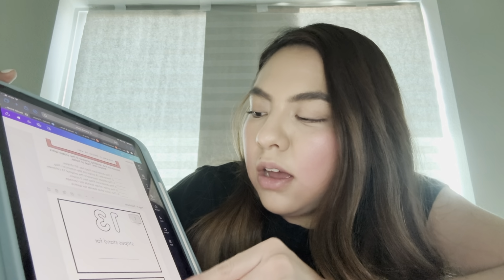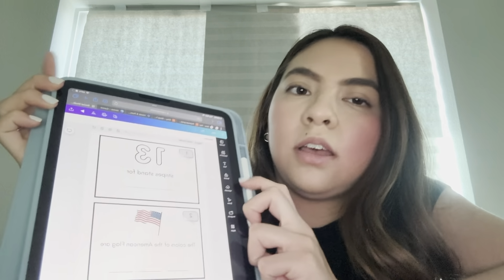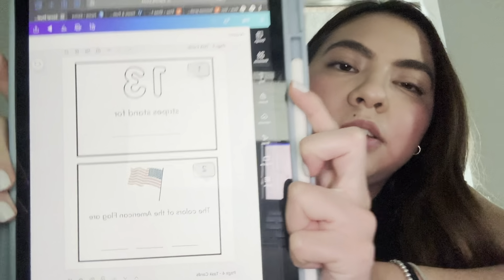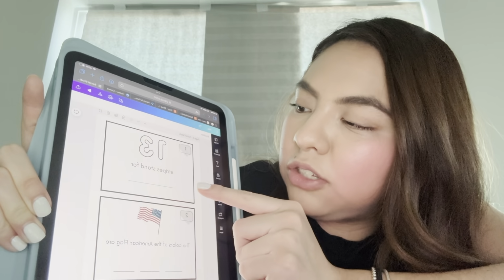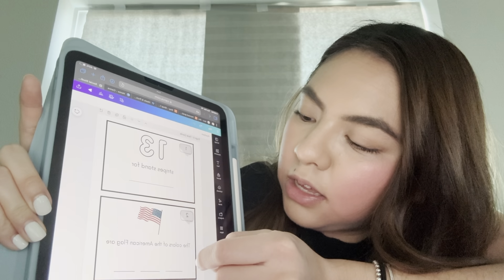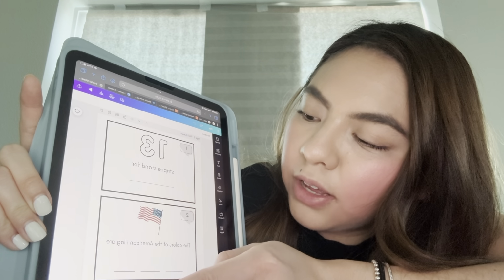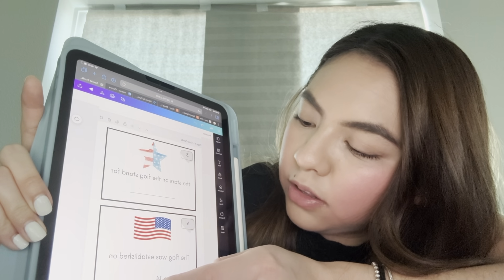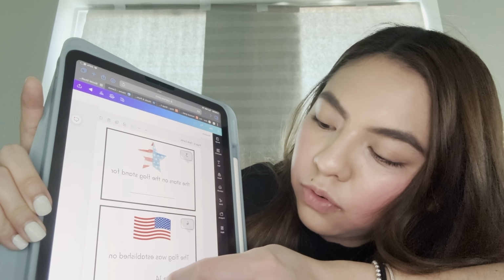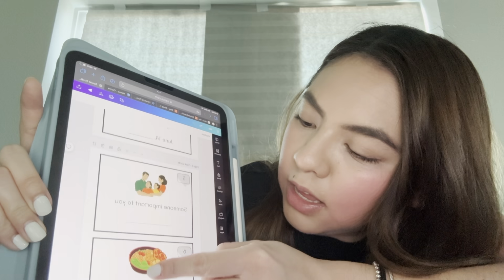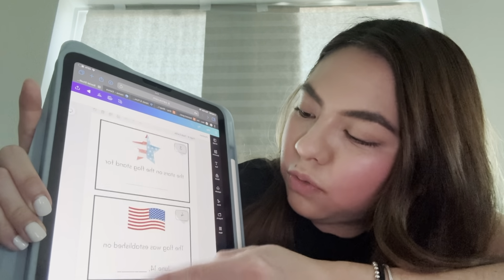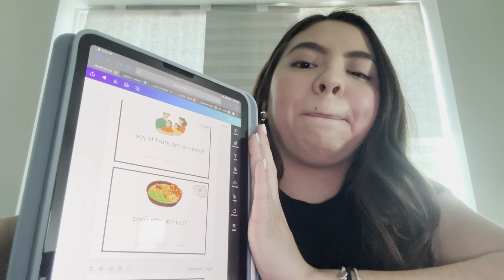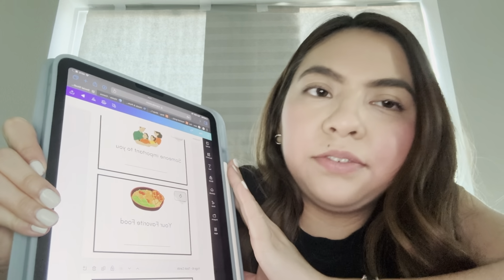Then moving on to my task cards, this is the way they look. The first ones say: 13 stripes stand for, the colors of the American flag are, the stars on the flag stand for, the flag was established on June 14, comma blank. Those first 4 task cards are talking about the flag.